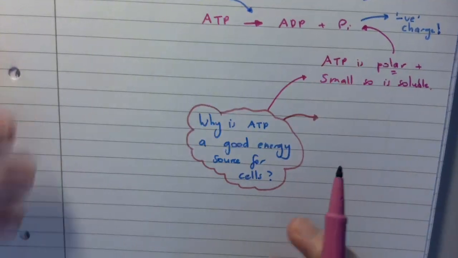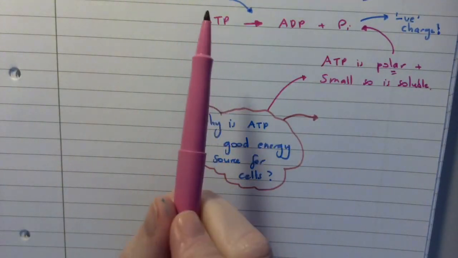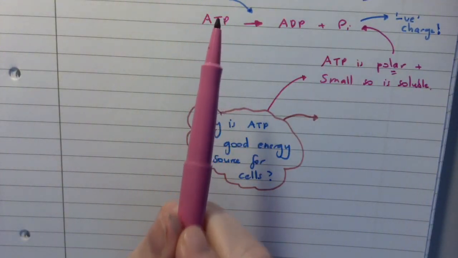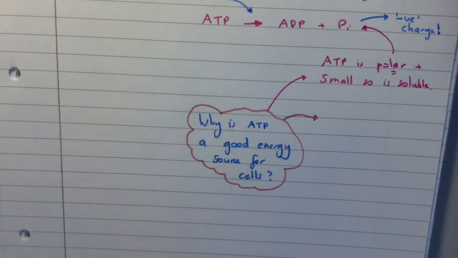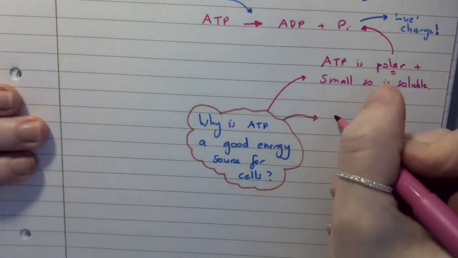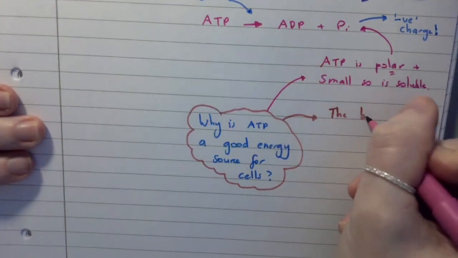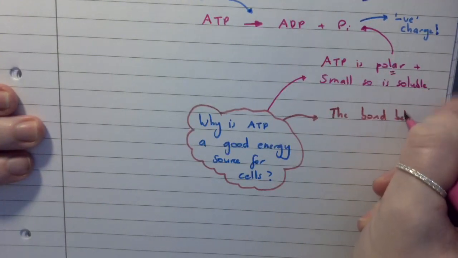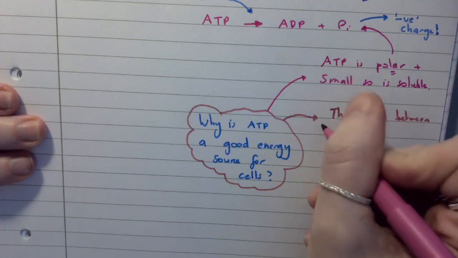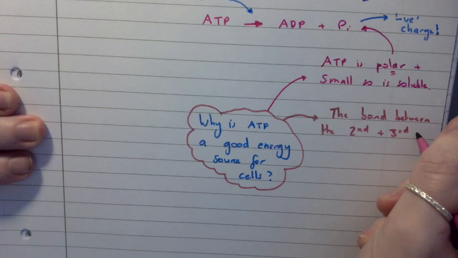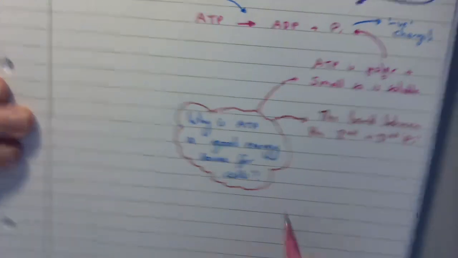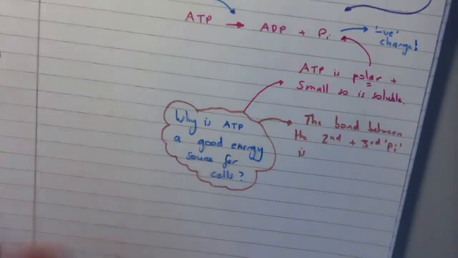Okay, the next reason is the bond that is between the second and third phosphate group is really unstable, so it's really easy for a cell to cause it to be broken as and when energy is needed. So I'm going to put the bond between the second and third, if I just put Pi, is unstable.